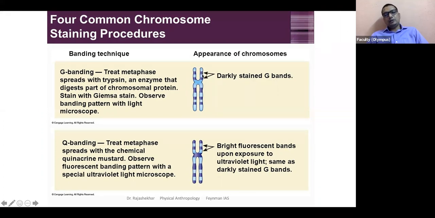Heterochromatin is stained dark like that and the euchromatin is stained light in this particular chromosome, resulting in the banding pattern that you see here.